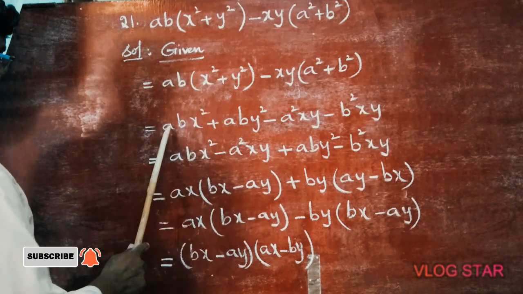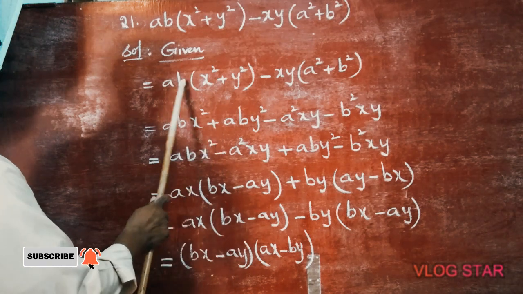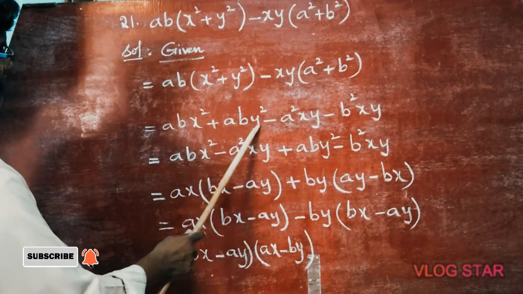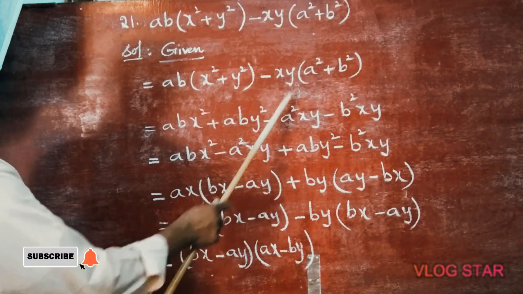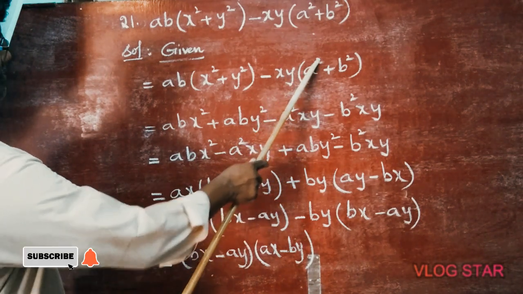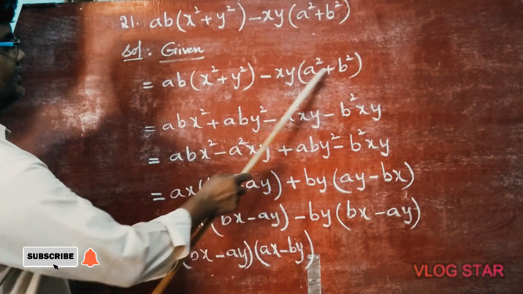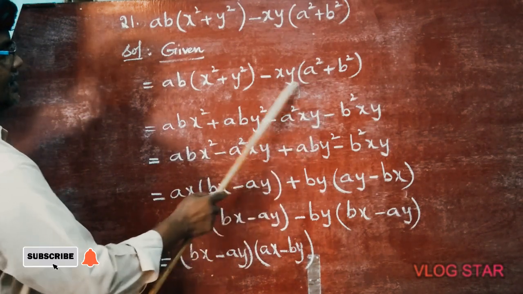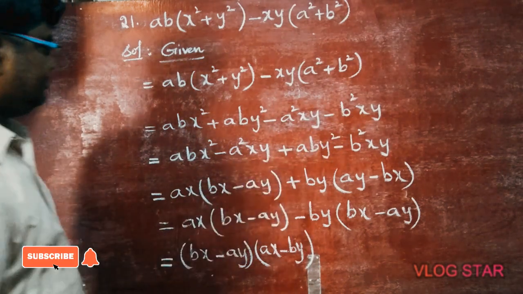AB into x square is abx square. Plus into plus plus. AB into y square is aby square. Minus into plus minus. Xy into a square is a square xy. Minus into plus minus. Xy into b square xy.